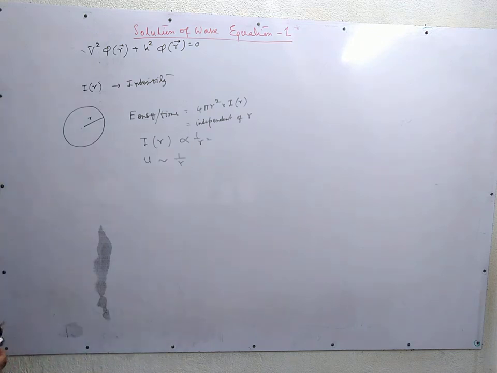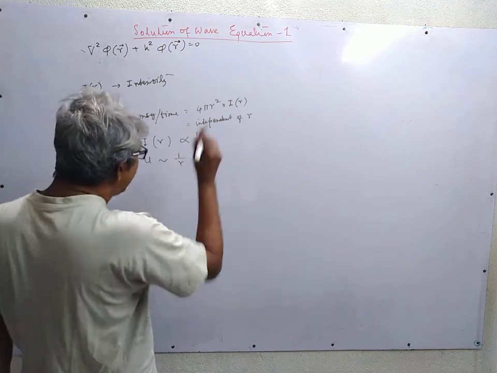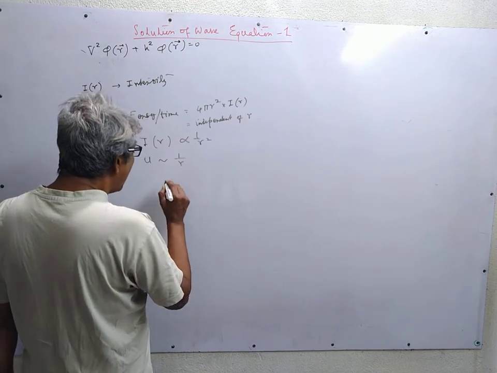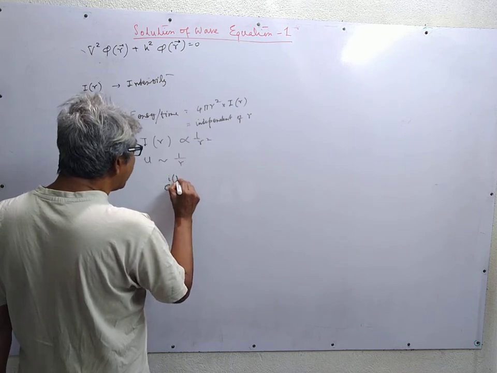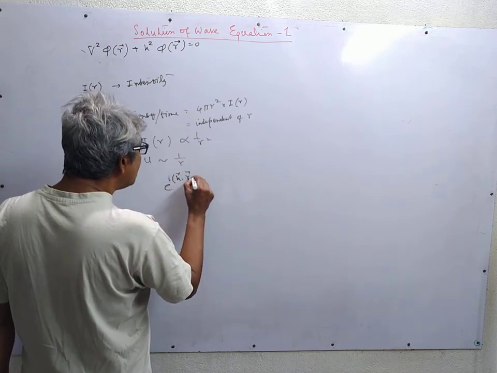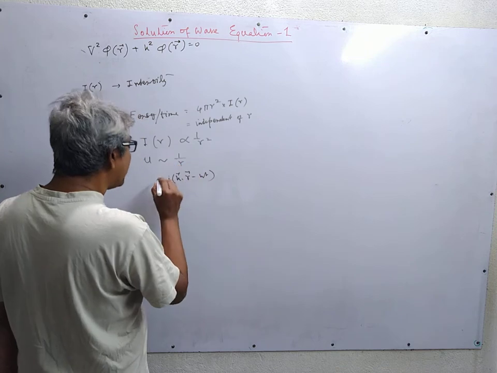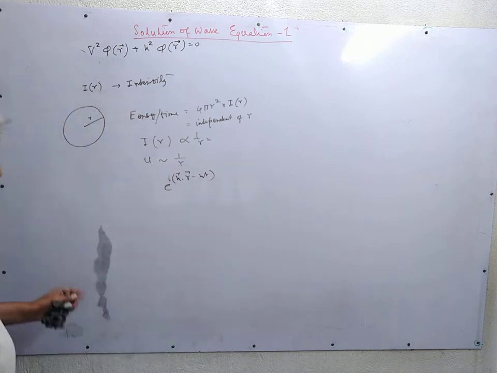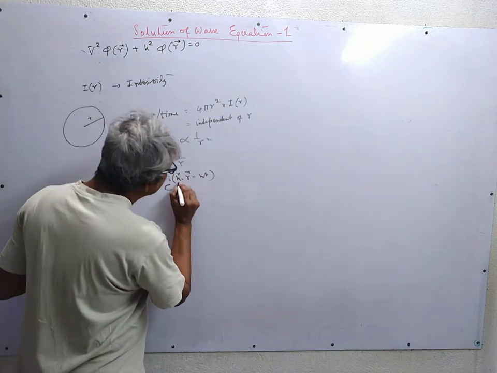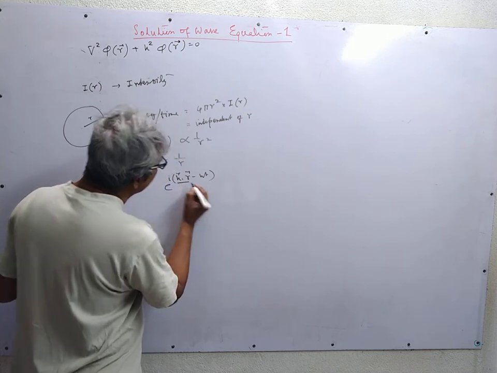Now let us see what we get. Another thing, the phase part: in the case of a plane wave, we get the phase part as e to the power i(k·r minus omega t). There is a plus minus sign obviously, but this carries a vector character of r.